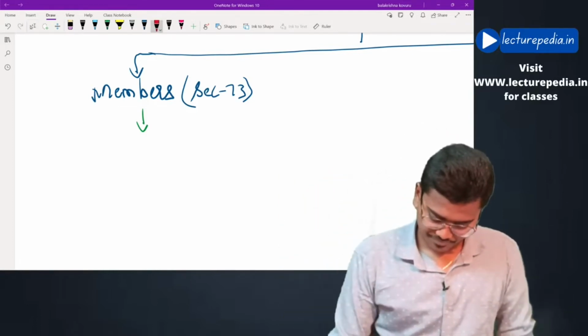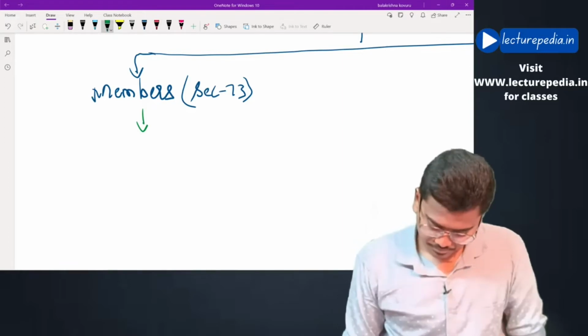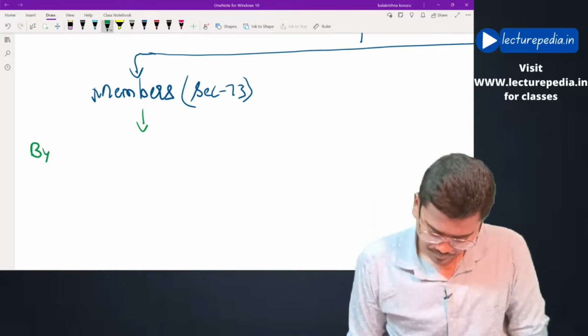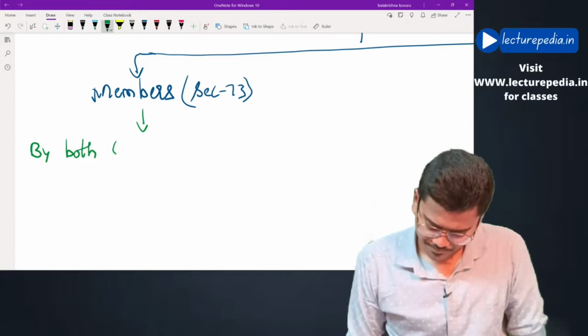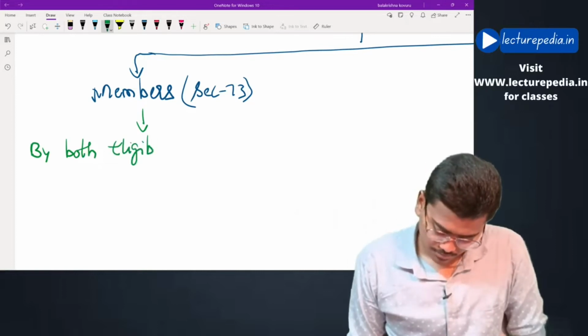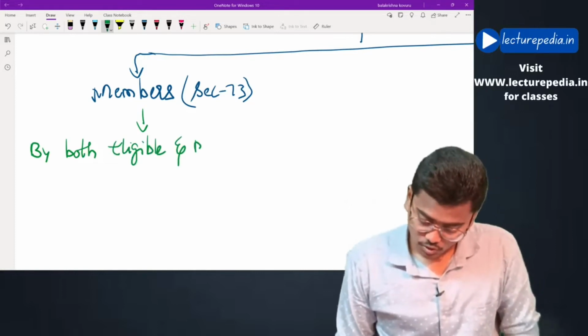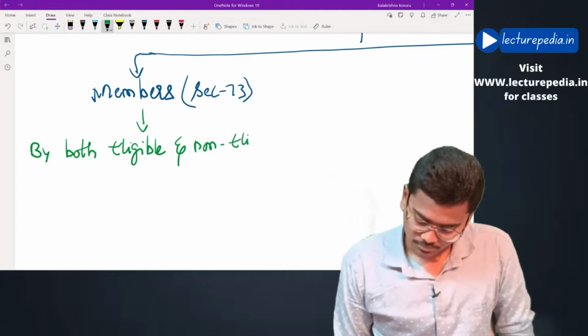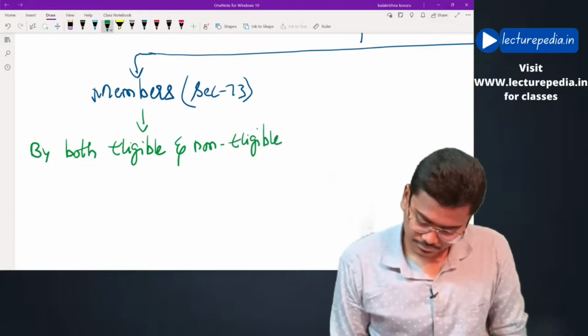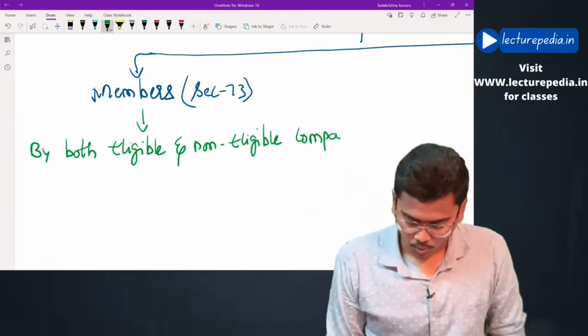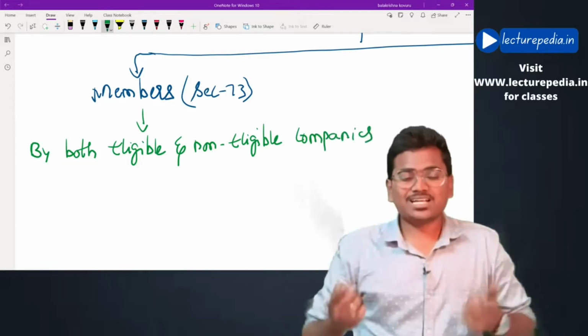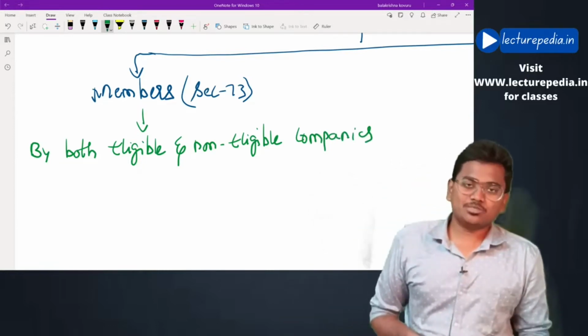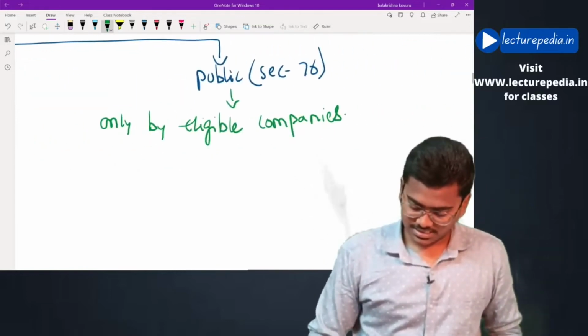We'll write it: by both eligible and non-eligible companies. Now the question arises, which are eligible companies? Let us discuss that.